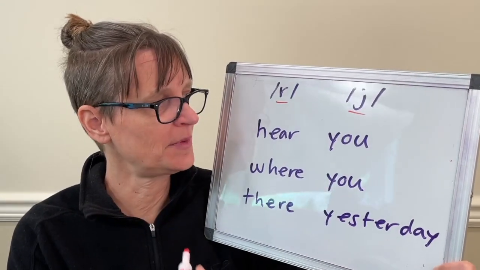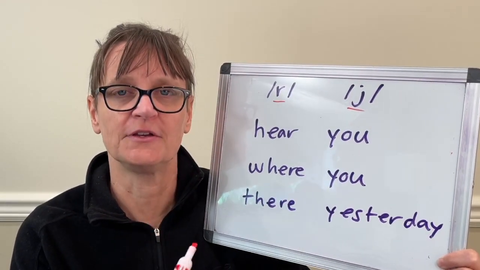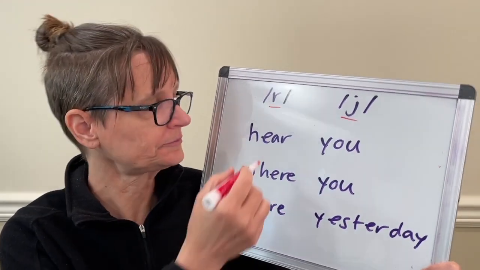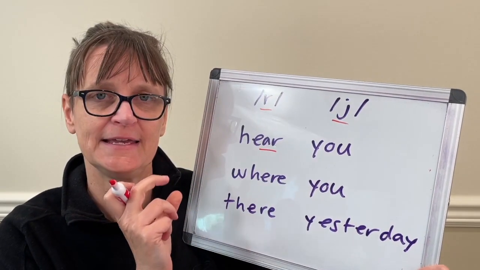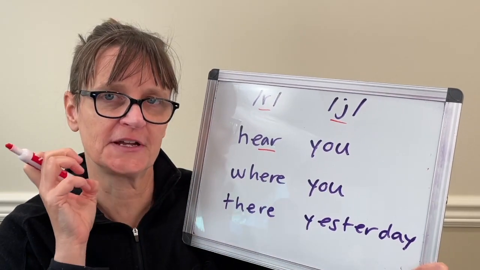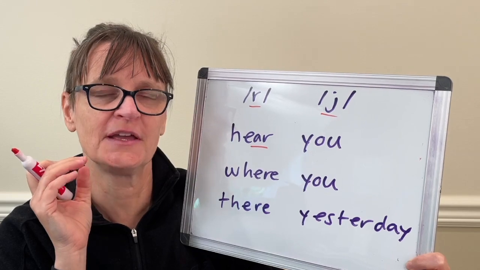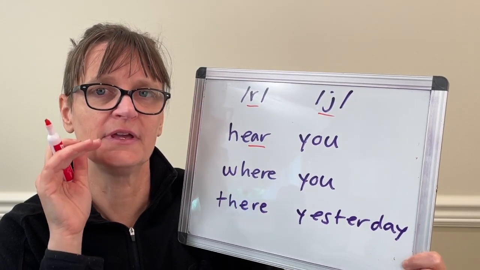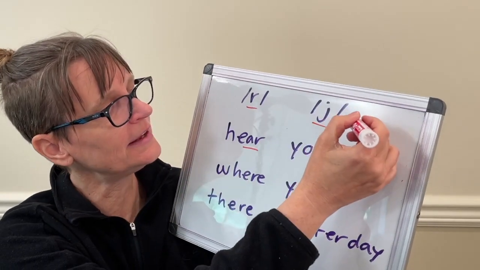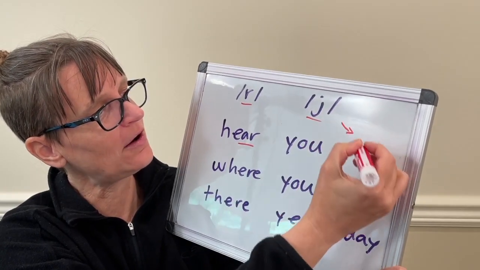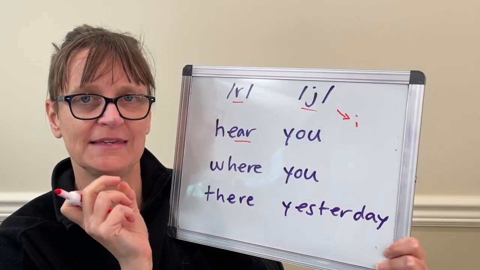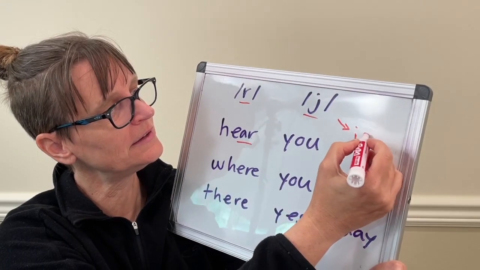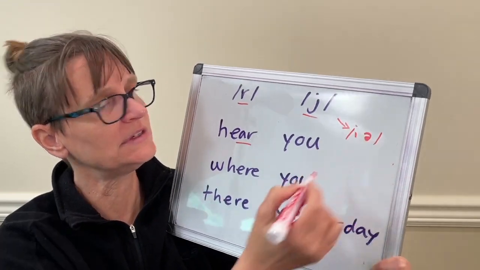So, for example, if I'm using the phrase, I can hear you, I'm going from ear, my tongue is back and tight in that R position, to you. The Y glide is basically a semivowel that glides kind of from the E to the uh.